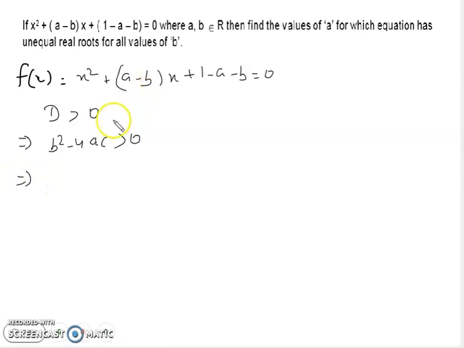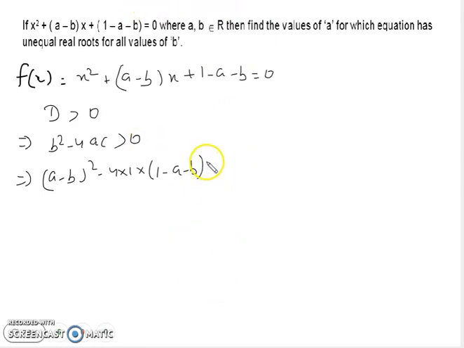So we can write (a minus b) whole square minus 4ac. The value of a is 1, and c is 1 minus a minus b. It is greater than 0, not equal to 0, because the roots are unequal.